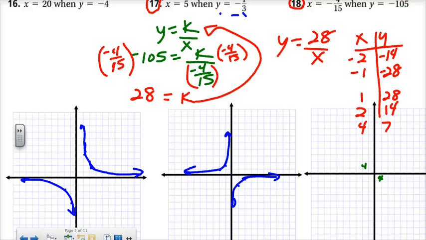So we'll have negative 2 and negative 14. And then negative 1, negative 28.